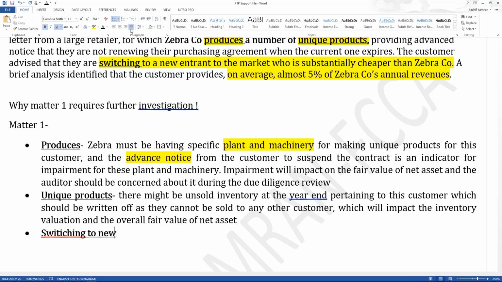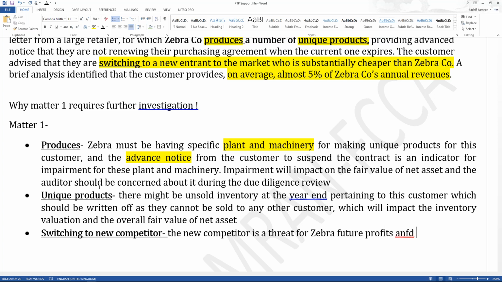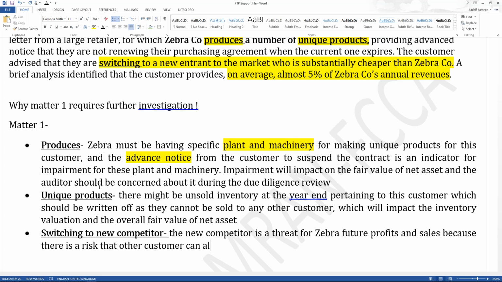Now, if it is 5% of the total revenue, switching to a new competitor. Do you believe this new competitor is a threat to your future profits? The new competitor is a threat for Zebra's future profits and sales, because there is a risk that other customers can also switch in future following the trend of one of the customers.